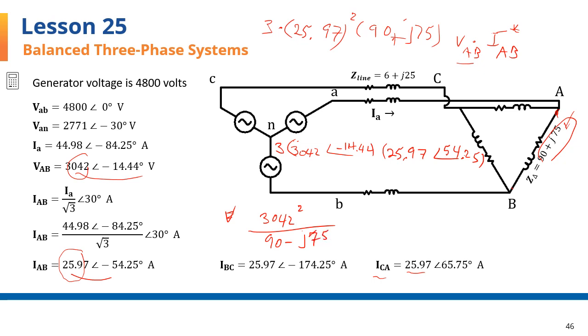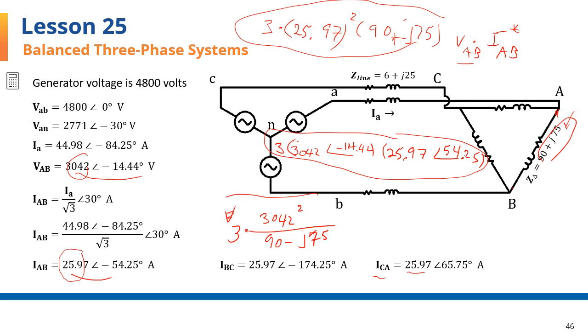Again, this gives you the single phase complex power. You multiply that by 3 to get the three-phase complex power of the load. All these three should give you the same value that we had found earlier for the complex power of the load.